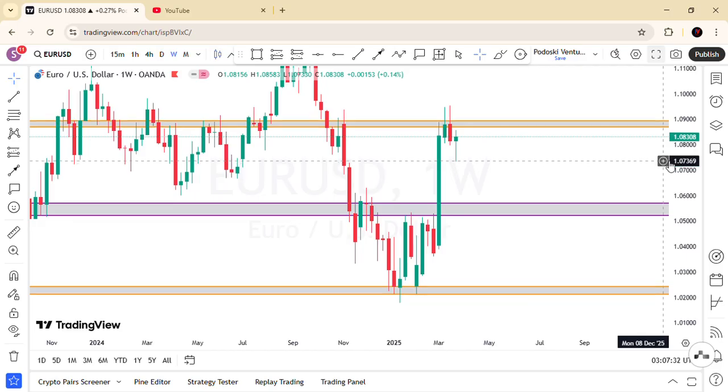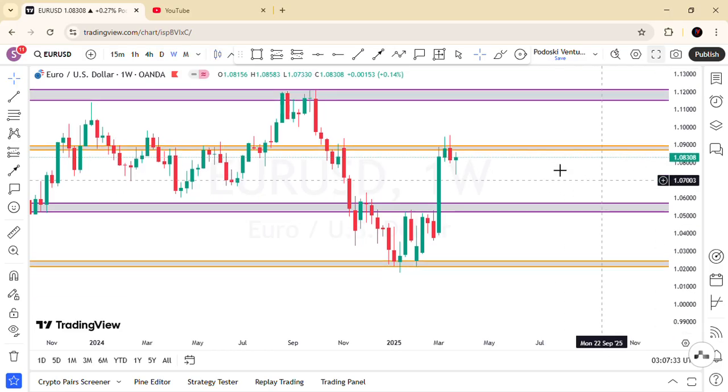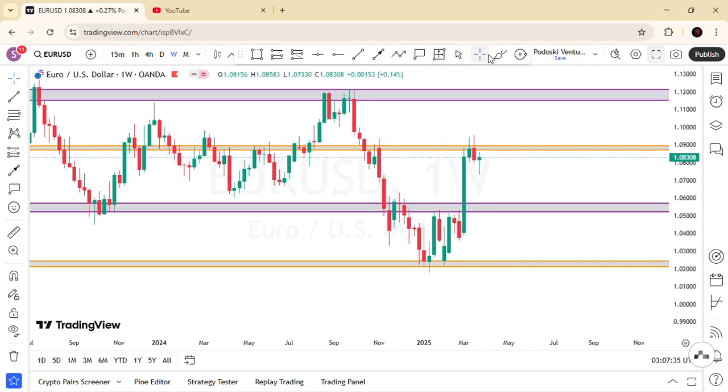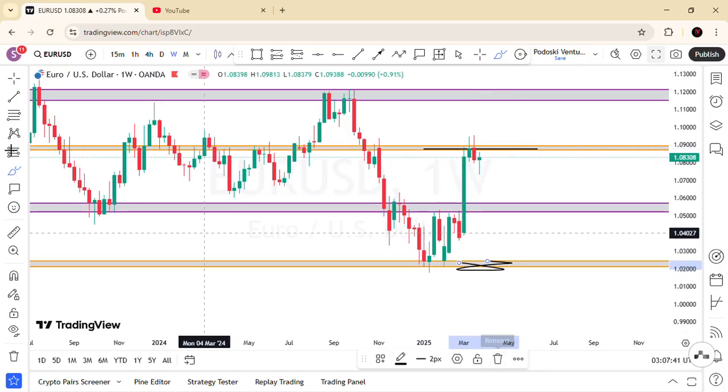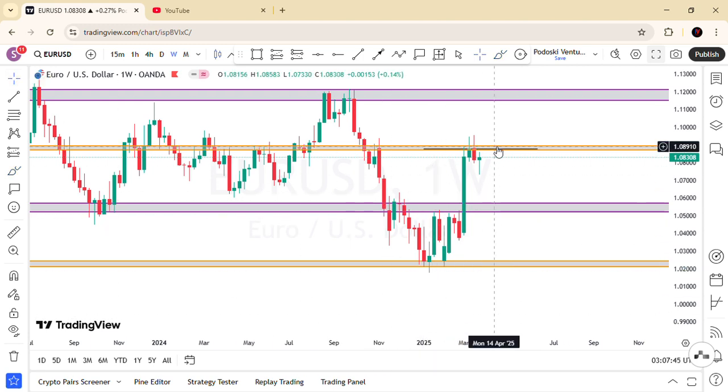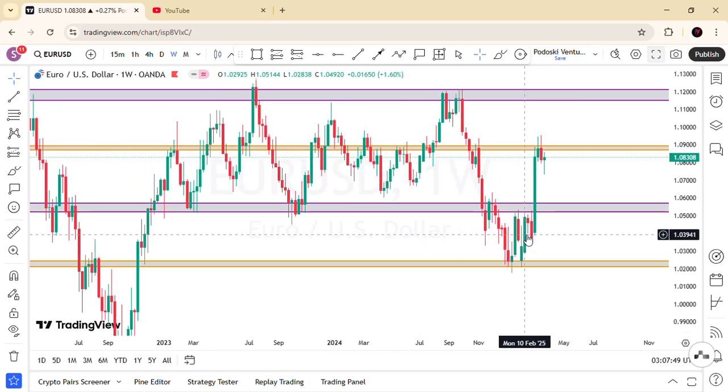So on the weekly time frame here, I have my weekly upper zone and my weekly lower zone. On the weekly time frame, price is also in an uptrend, like on the monthly time frame.